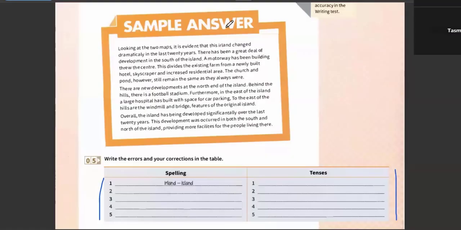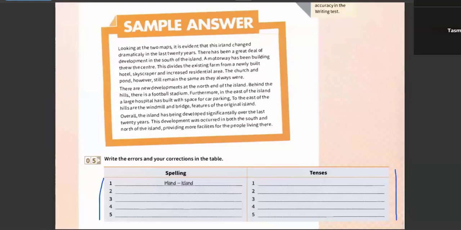Then instead of significantly, it will be significantly. Very good. Last one. Instead of facilities, it will be facilities. Very good. Well done.